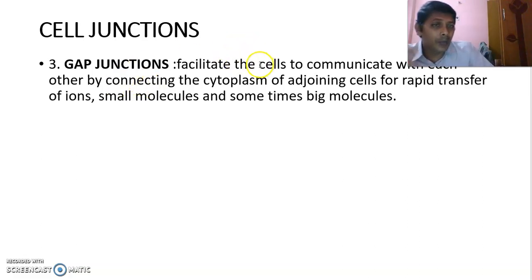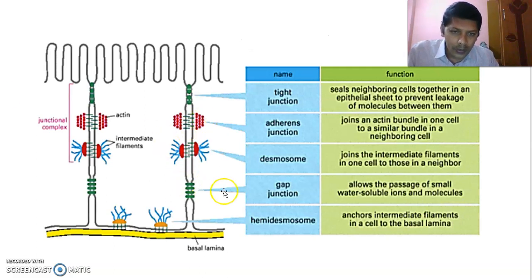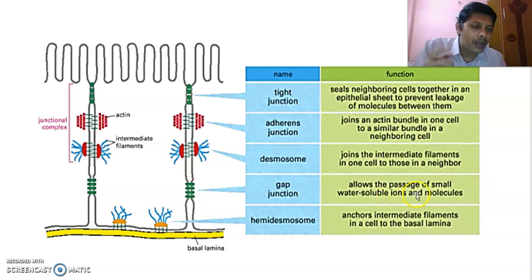One cell can communicate with the other cell by connecting the cytoplasm of the adjacent cells. A gap junction allows the passage of small water-soluble ions and molecules.